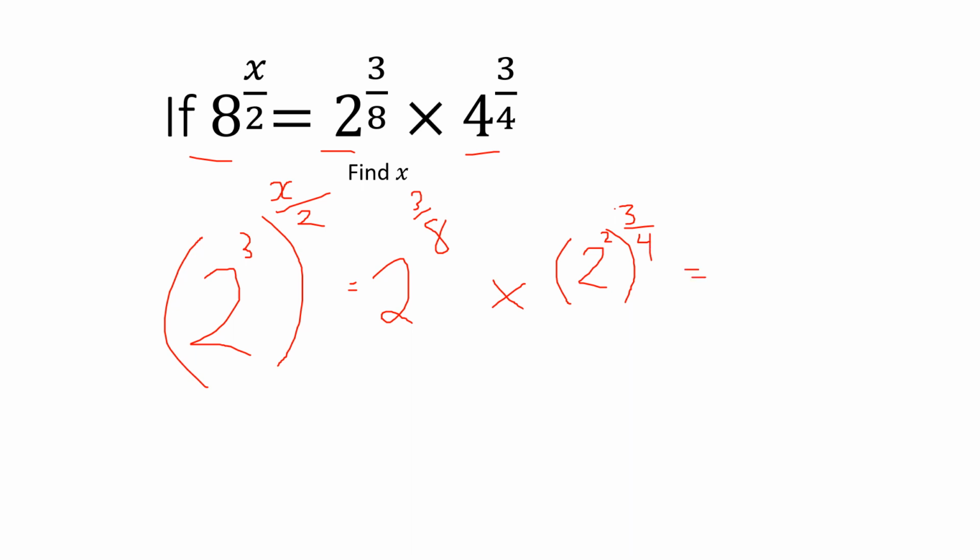Using the index laws about a bracket raised to a power, I'm going to multiply the powers together. So I'm going to have 2 to the power of 3x over 2 equal to 2 to the power of 3/8 multiplied by 2 to the power of 2 times 3/4, which is 6/4.